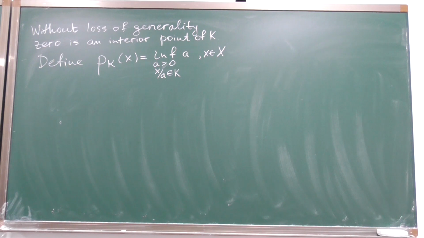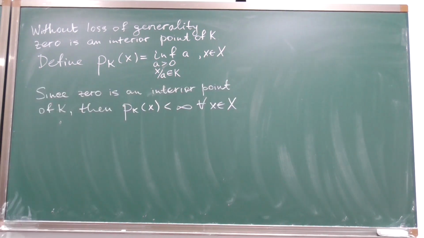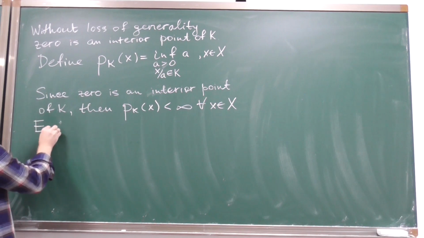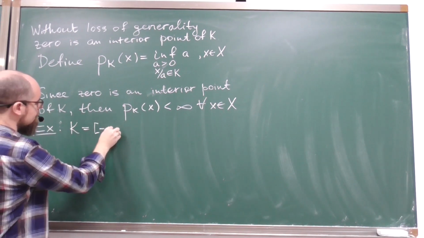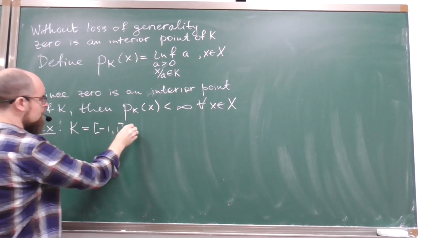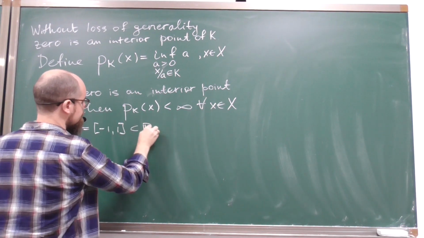Well, first of all, since 0 belongs to the set K without loss of generality, this functional p_K is well defined, so it is always finite. Let us consider a simple example to see how this functional p_K works. Let K be the interval [-1, 1] in the real line.